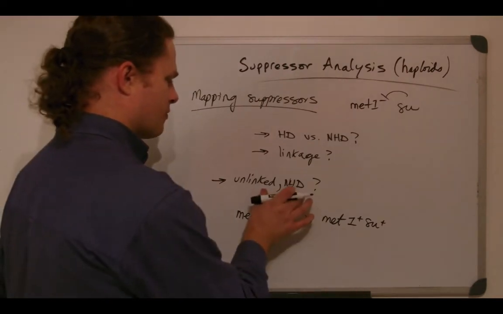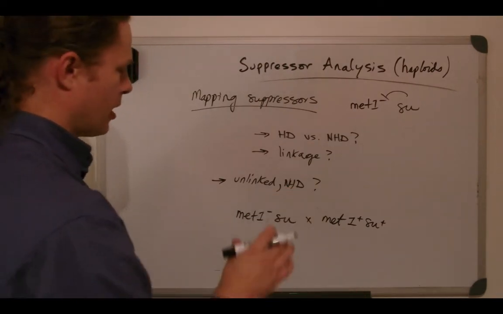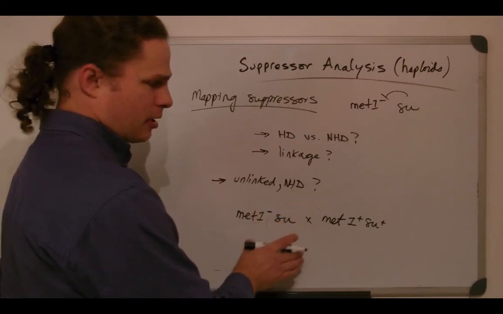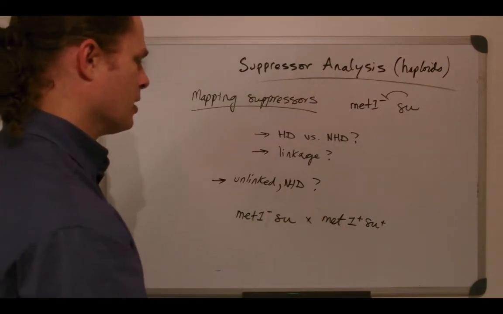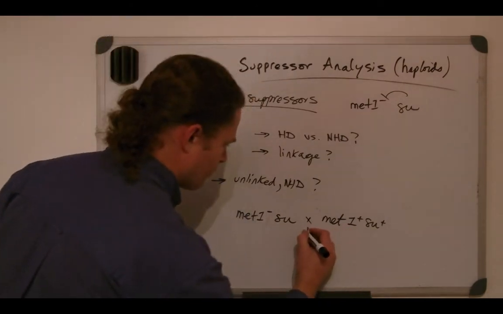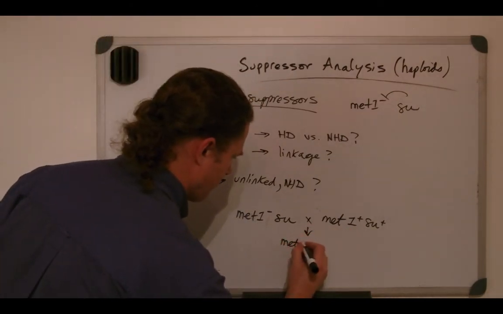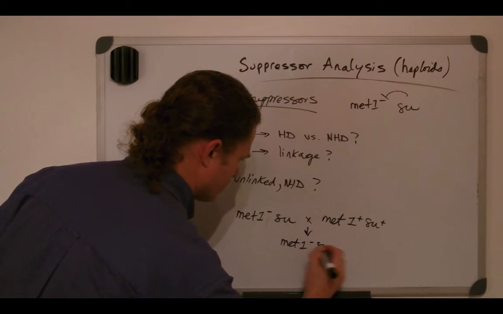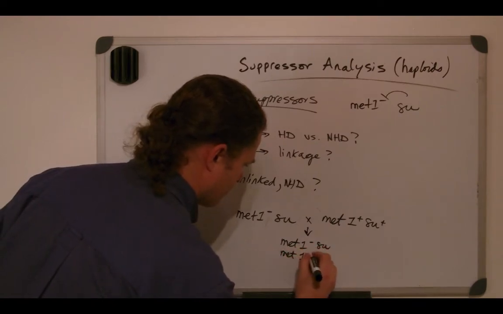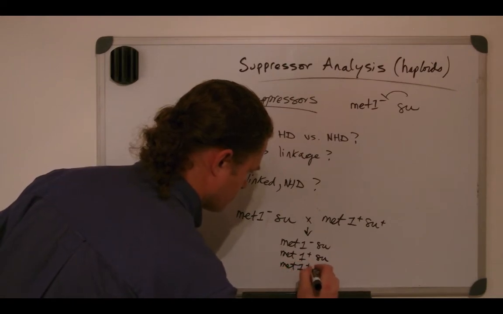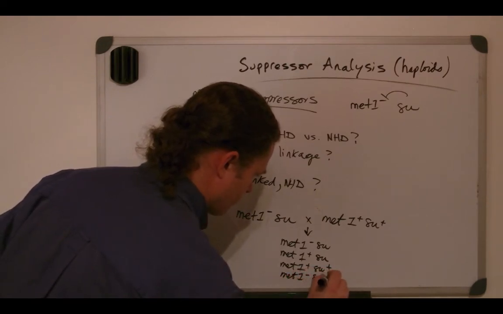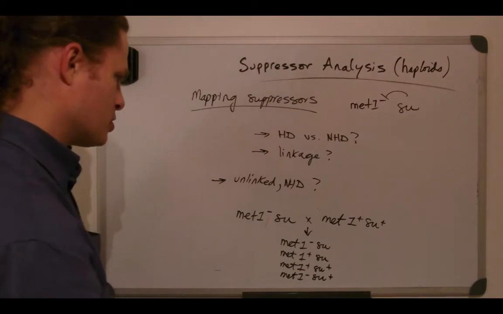What would we expect if this was an unlinked non-heterodimer and we took this and plated it on minimal media plus methionine and then plated it over to minimal media? So we'd have our four genotypes. Okay, so there's our four different genotypes.